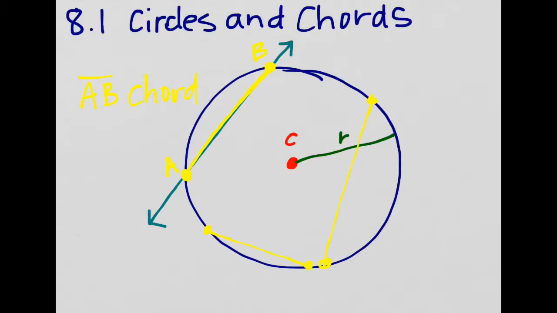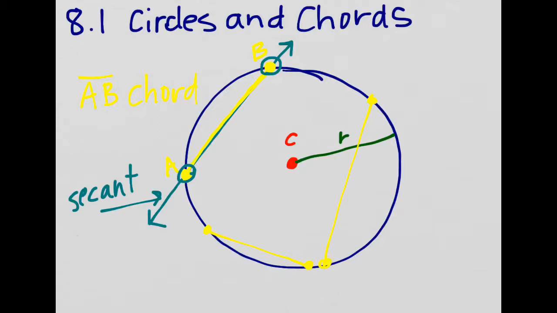Now, one other piece of vocabulary that we're going to need here is that this line itself does have a name. It's called a secant. All right, and a secant is just a line that intersects a circle in 2 points. So it intersects it here and it intersects it here, thus creating this chord here.